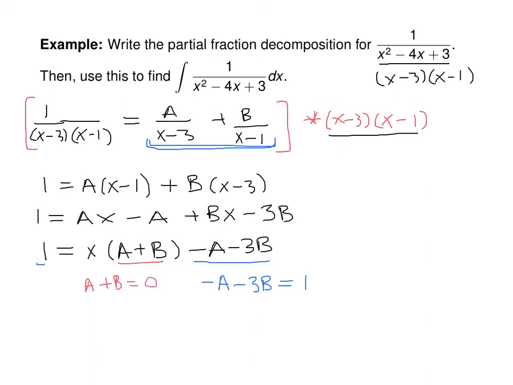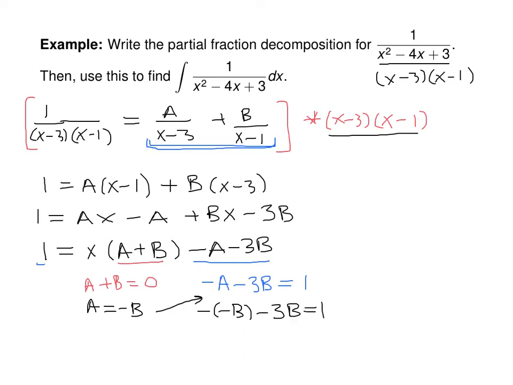And now you can solve this system of equations using either a technique called elimination, where you add the two equations together, or substitution. So if a plus b is equal to 0, then a is equal to negative b, so that when we sub that in, we have negative b minus 3b equals 1.